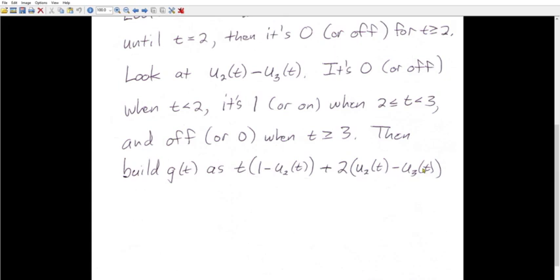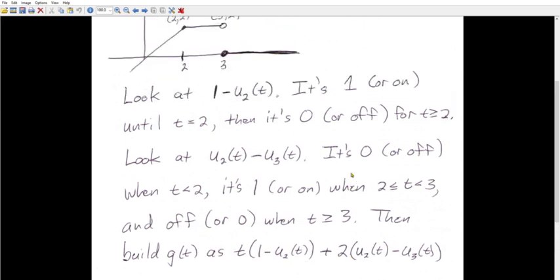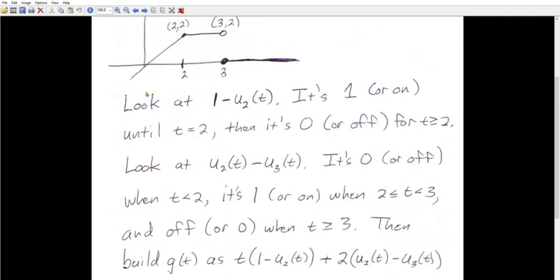This is 1 minus 0, or 1. So 1 times 2. So we're now at 2 when t is between 2 and 3. And then when t equals 3, we get 1 minus 1, or 0, and this is off. So the net effect is we've gotten exactly what we're supposed to get. We get a t between 0 and 2, we get a 2 between 2 and 3, and we get a 0 afterwards.